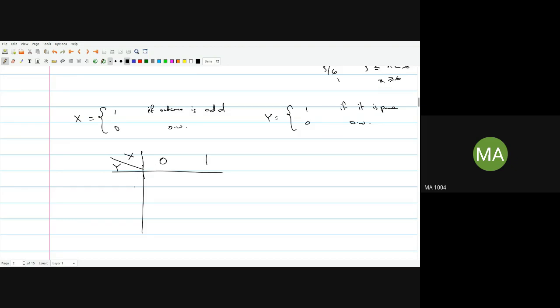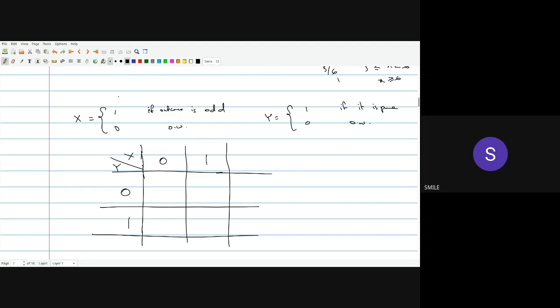Zero, 1, 0, 1. So this entry basically means x is even and also it is composite.